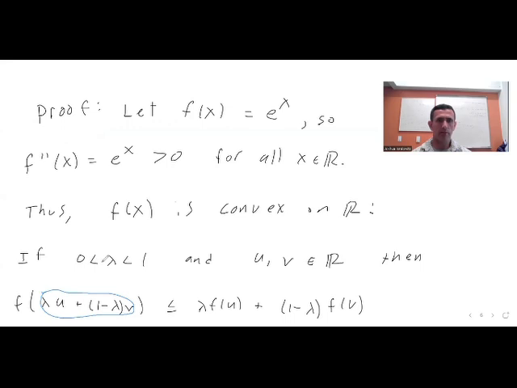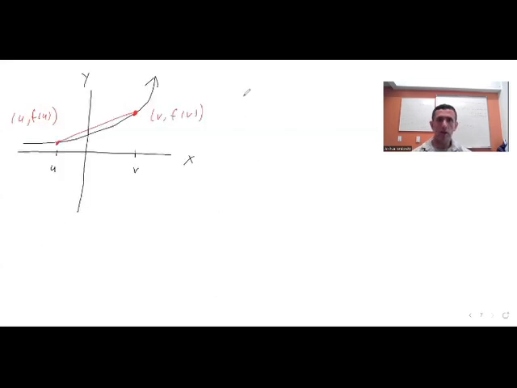And as lambda varies between 0 and 1, we have everything in the line segment between u and v. So let's say this is, say, right here, lambda u plus 1 minus lambda v.